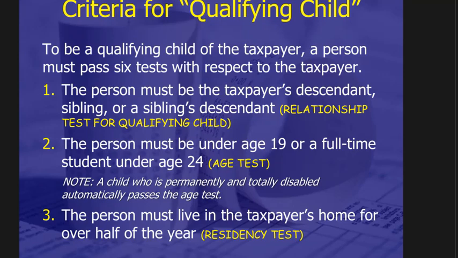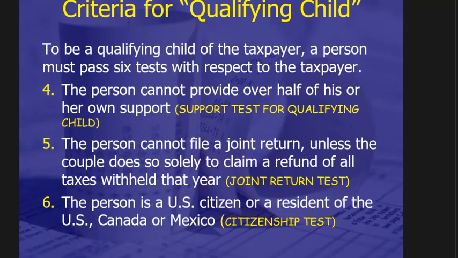If you're going to be a qualifying child, you have to meet the six tests. Notice that there is no income test if you are a qualifying child. There is nothing about how much income that child makes. It is simply about support, and the qualifying child cannot provide half.